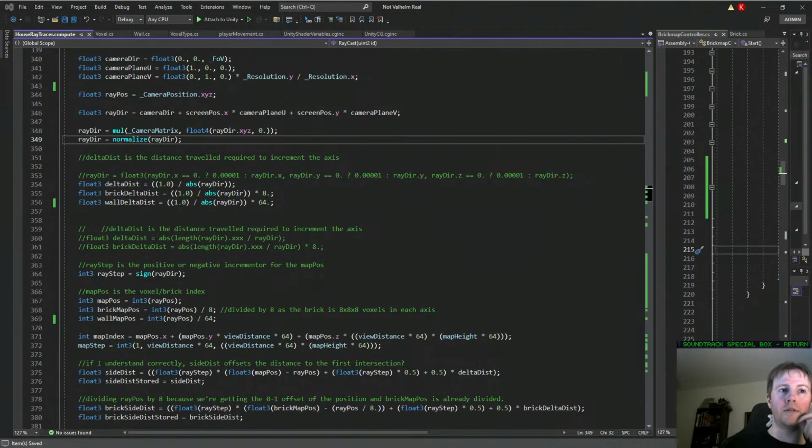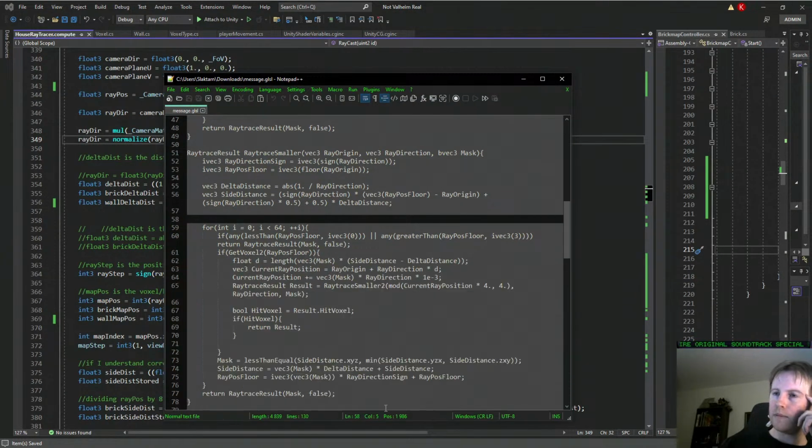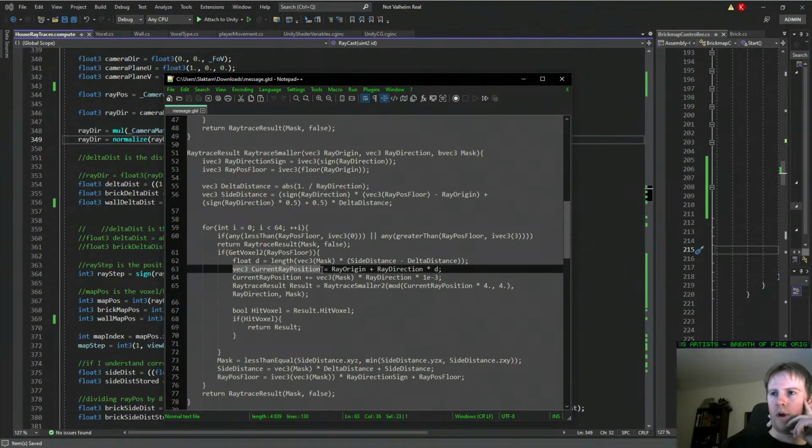That's also how he is doing it, I think, here. Vector 3 current ray position equals this.